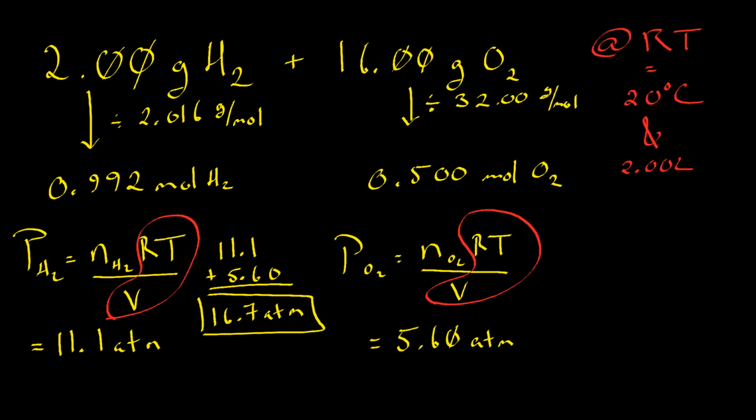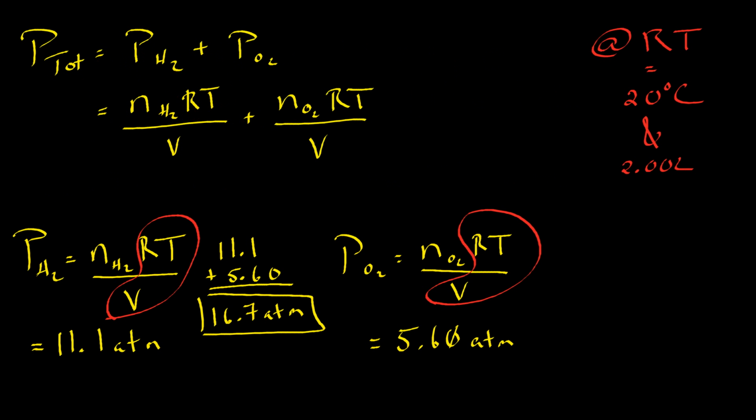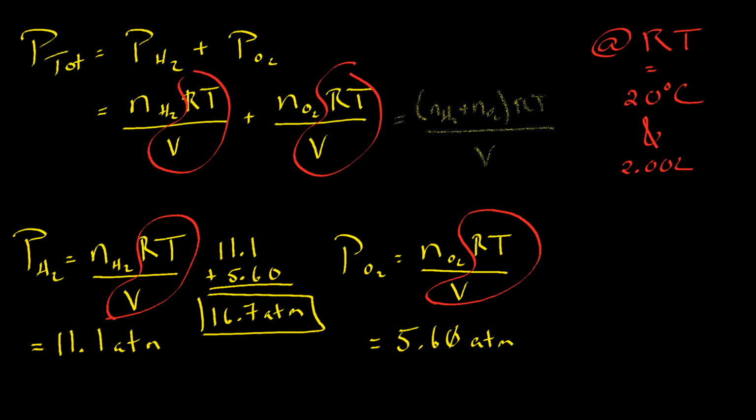If the total pressure is the pressure of hydrogen plus the pressure of oxygen, you rewrite that as nRT over V for hydrogen plus nRT over V for oxygen. And then, you see, you have the RT over V for each of them, so you factor that out. You collect your terms, and you get moles of hydrogen plus moles of oxygen times RT over V.